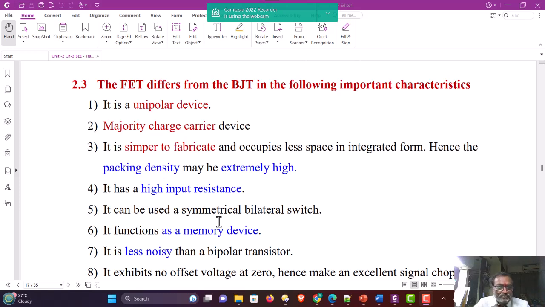It is simpler to fabricate FET than BJT. Since FET takes smaller space, the packaging density or integration density is extremely high compared to BJTs.